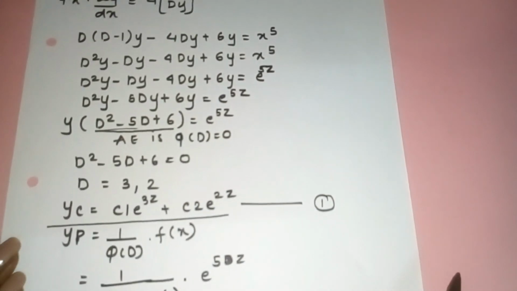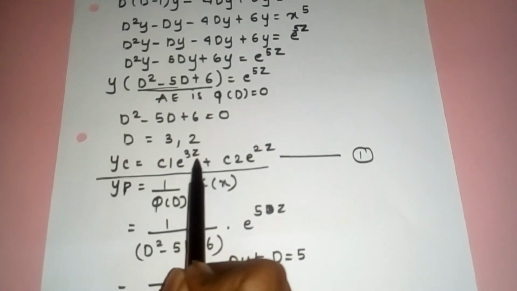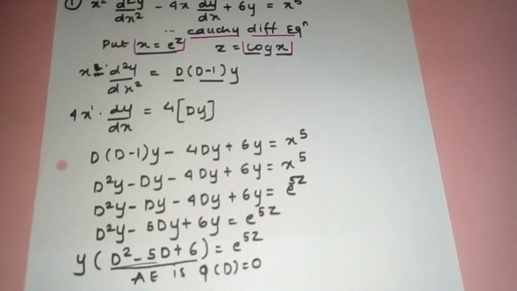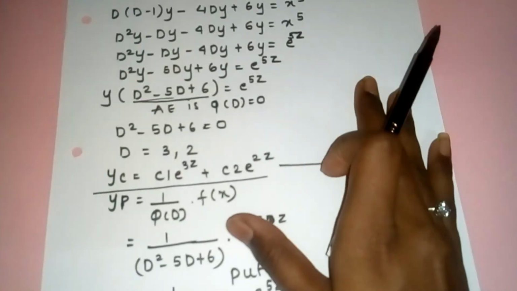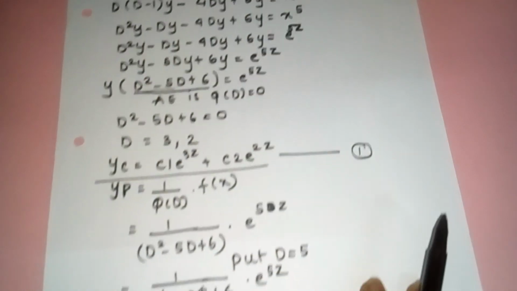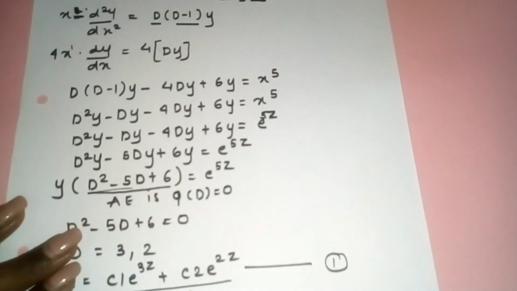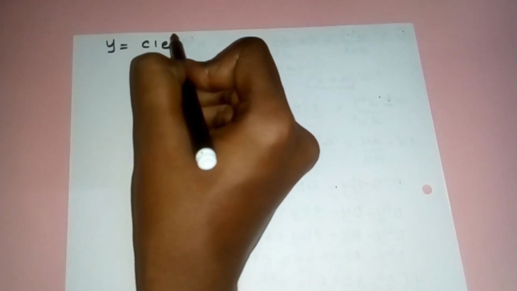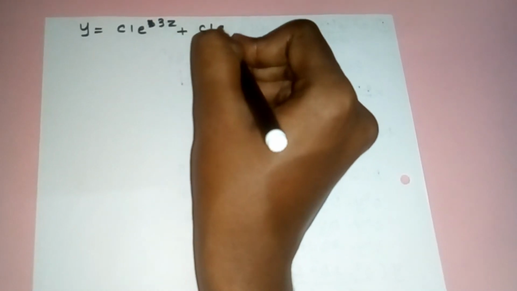So now we have to find out y. For the final answer, we have yc where we have z term. Now we have to convert it into x. Wherever there is z, put z is equal to log x. So in the place of this z we'll put log x, and similarly in yp, in the place of z we'll put log x. So let's write. We are writing y is equal to c1 e raised to 3z plus c2 e raised to 2z.